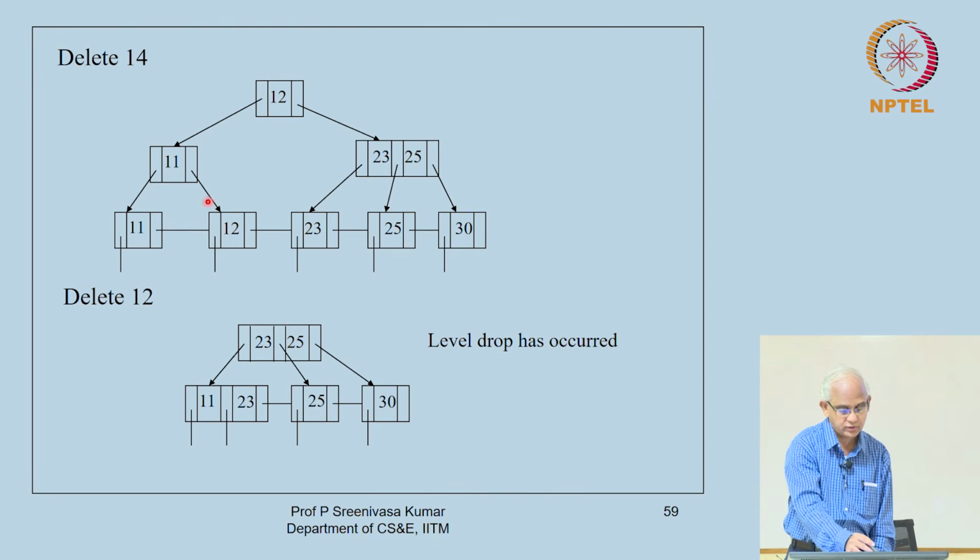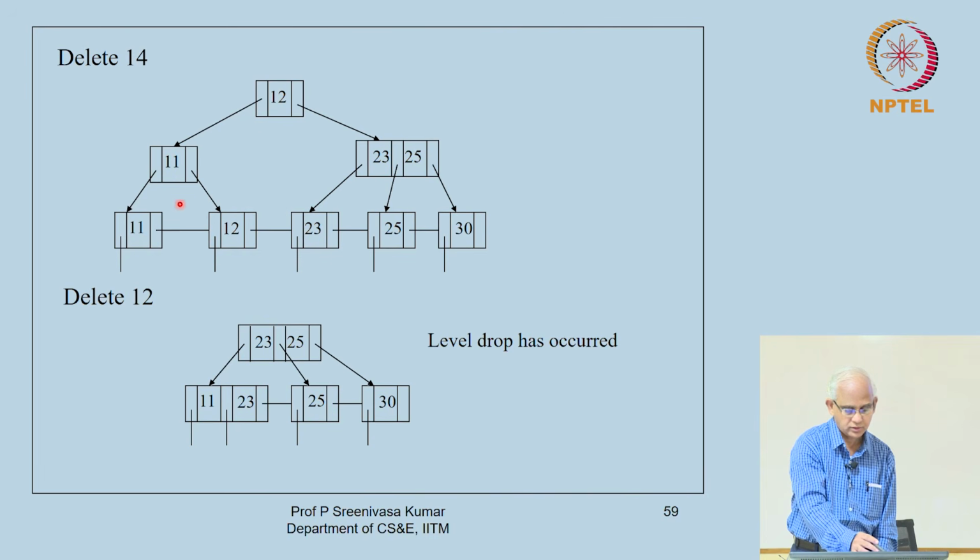Now if you try to delete 12 in this structure, then there is really no scope. You can see that there will be a level drop. The root will itself go and then the new root will come into the picture. If you delete 12 now, this fellow will have only one child, which is not allowed.